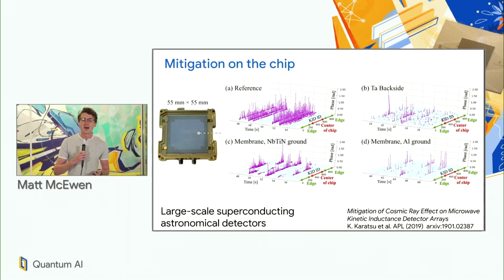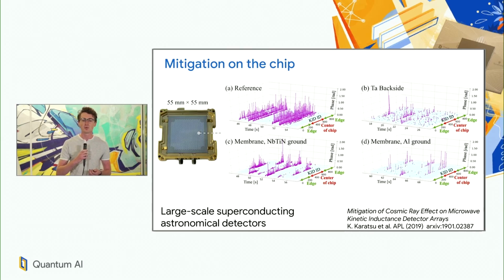Now, that being said, now that we understand the underlying physics, we need to think about mitigating these events in our devices. And actually, we've got a lot of work from other fields that can help us here. So as I said before, this is a well-understood error source for detectors, both high-energy particle physics detectors and large-scale astronomical detectors, which are actually built in a very similar way to our qubit chips.